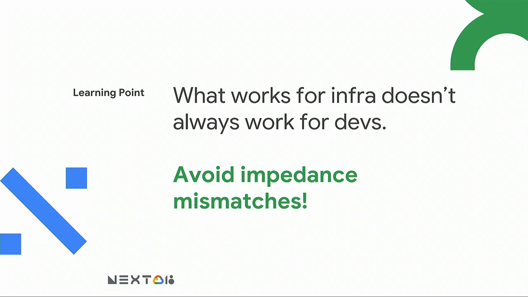And what we learned from that is that we had built this tool strictly from the vision of how we were going to automate and make infrastructure development easier and better, right? And that doesn't always work for developers, right? So we had this impedance mismatch, right? We had built a tool that was really, really good at managing automated infrastructure, but not so good at modeling an application itself.